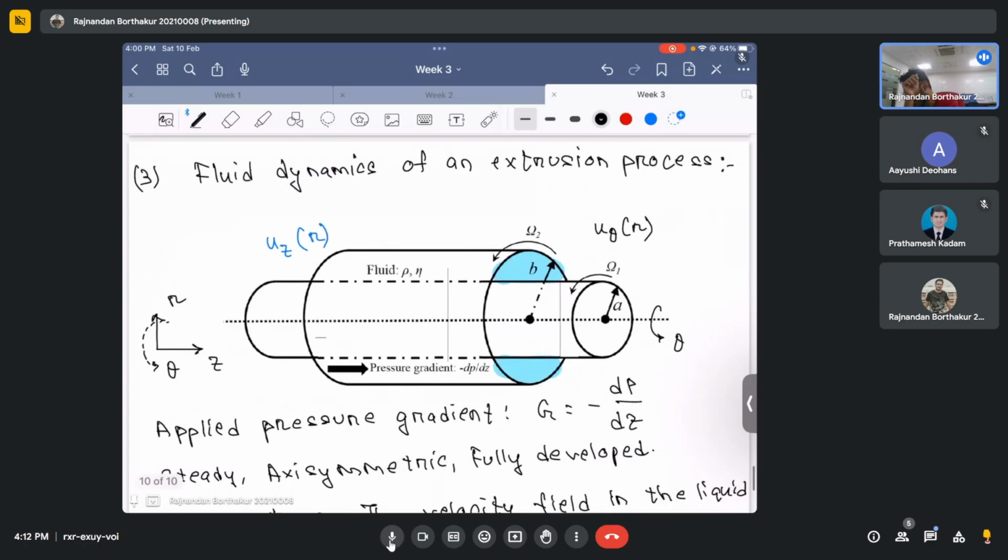So what you are saying is that u at r means this a or something else. Radial location. I mean, if region is at center line. Okay, axis is at center line. And what is r then? Radial distance from this center, means this distance. That's what you are saying.